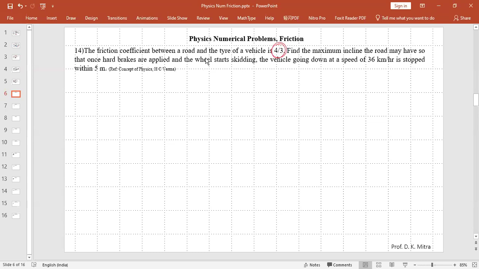Find the maximum incline the road may have so that once hard brake is applied and the wheel starts skidding, the vehicle going down at a speed of 36 kilometers per hour is stopped within 5 meters.